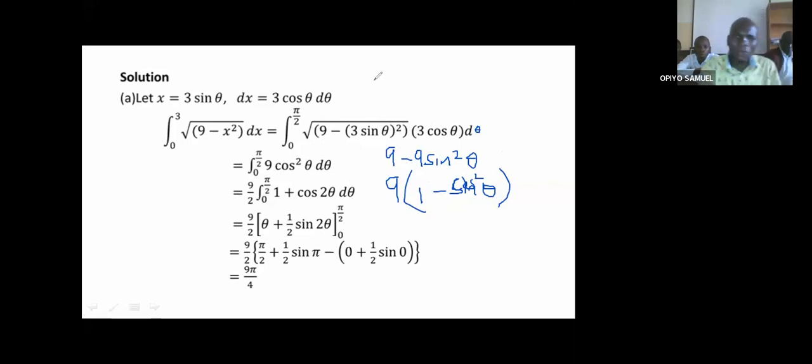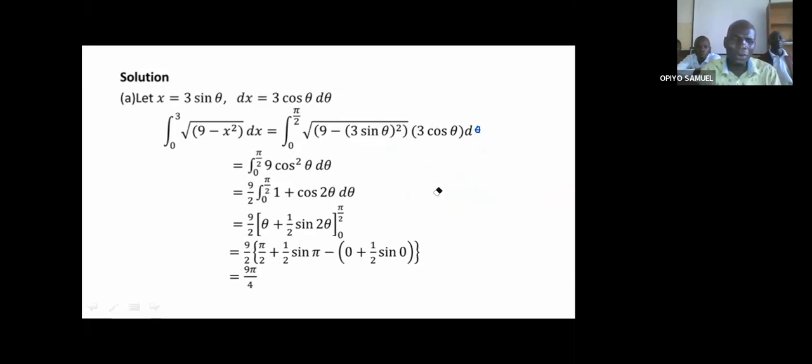And when you have trigonometrical function with even powers, when you are integrating or differentiating trigonometrical function with even powers, you use the double angle identity. So the set of identity to use here is called the double angle identity.